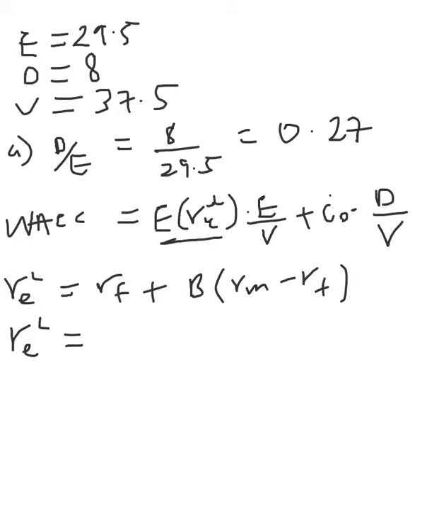So that is 5% plus the beta, which is 1.15, into brackets, my RM was given as 11%, minus the 5%.